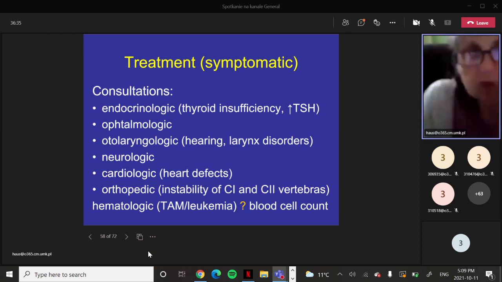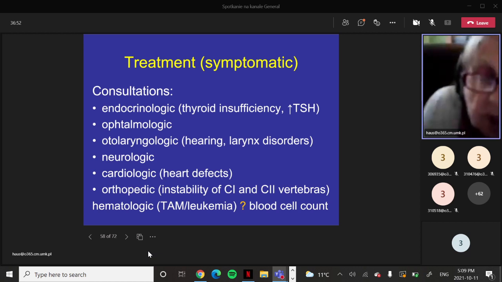The first orthopedic consultation should be, as for every child, at birth. But later on we should do orthopedic consultations because of the possibility of instability of cervical vertebrae.